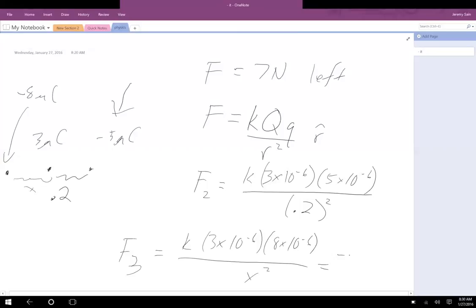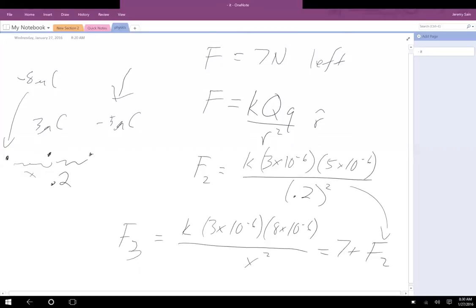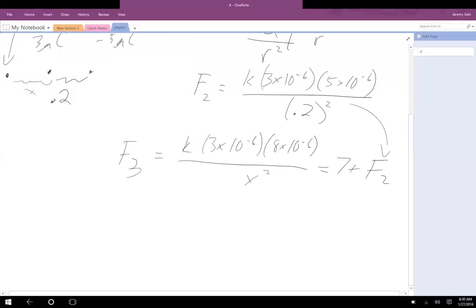On the other hand, it has to be 7 plus that, right? So now just plug it into a calculator. 7 plus F2, yeah. That's a good thing to write down. Let's write down F2. All right. So now it's just bust out a calculator and plug it in.